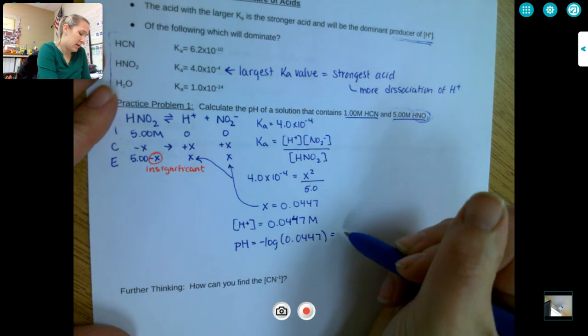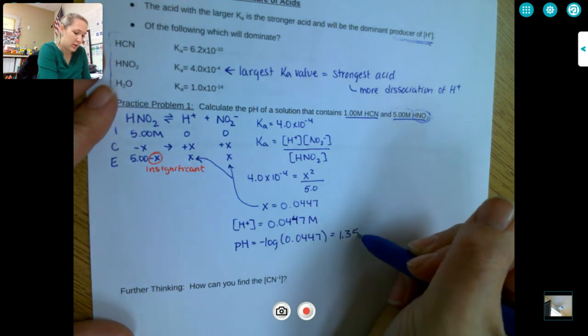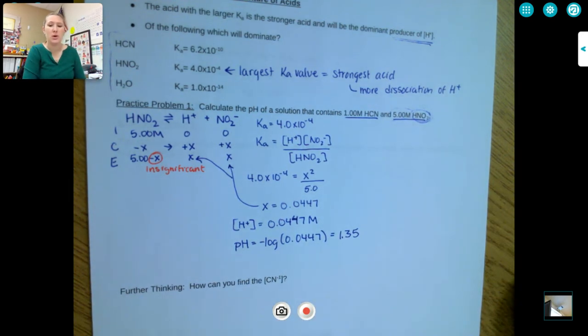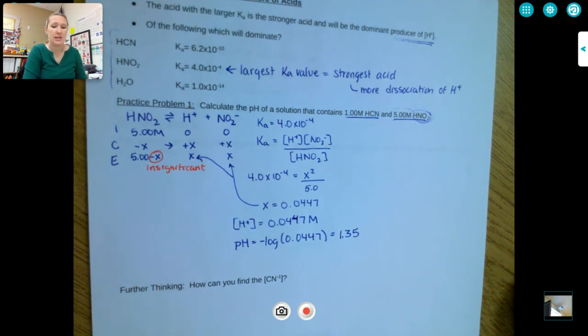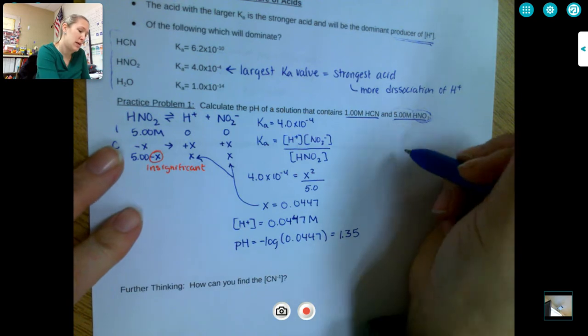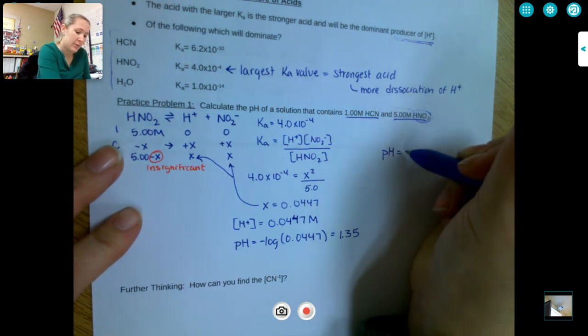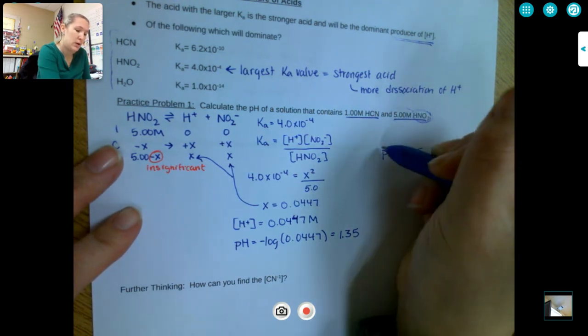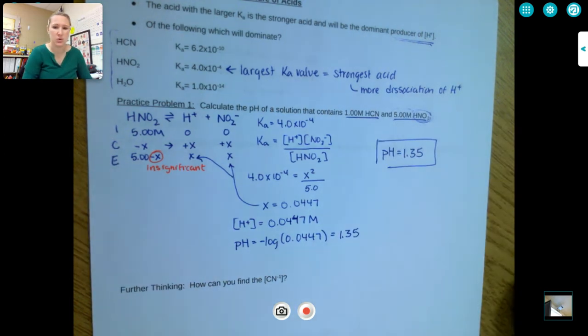And when I do that, I get a pH of 1.35. And we'll prove down here that the contribution of hydrogen ions from hydrocyanic acid is insignificant compared to those produced here. So the pH of our solution is 1.35. Pretty acidic solution here.